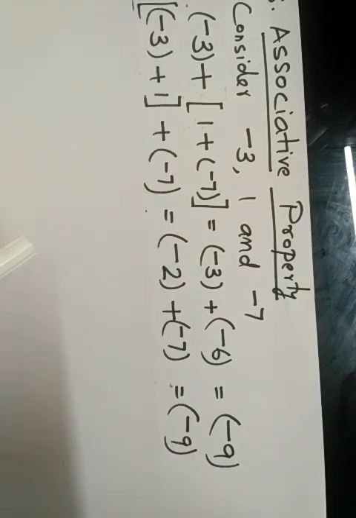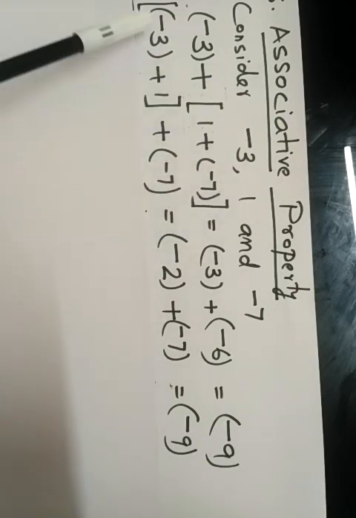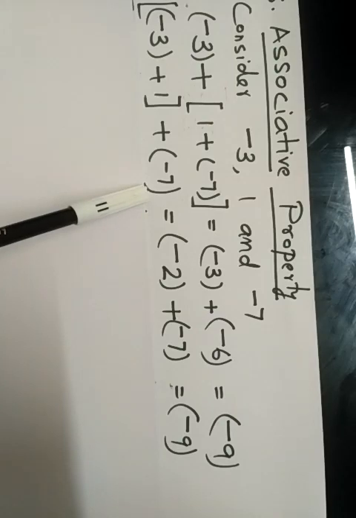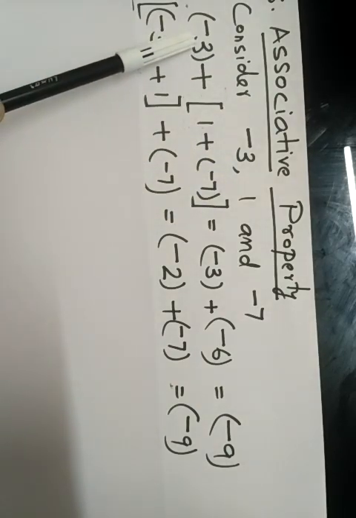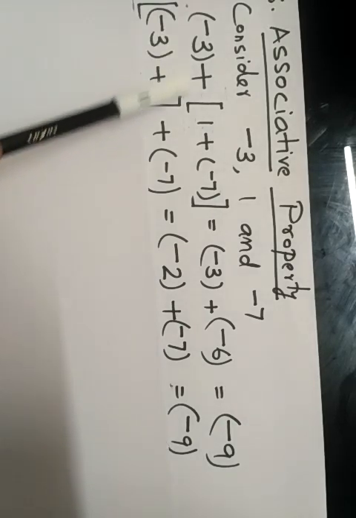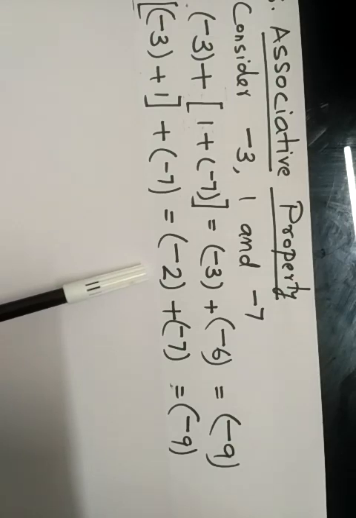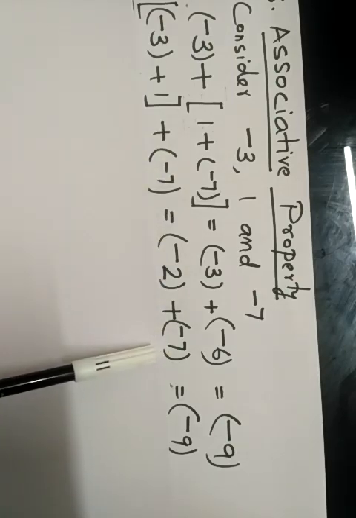Now let us see the other way. We make the group of the first two: minus 3 plus 1, and then plus minus 7. That is, we add these two first and then add the third. Minus 3 plus 1 is minus 2, plus minus 7.